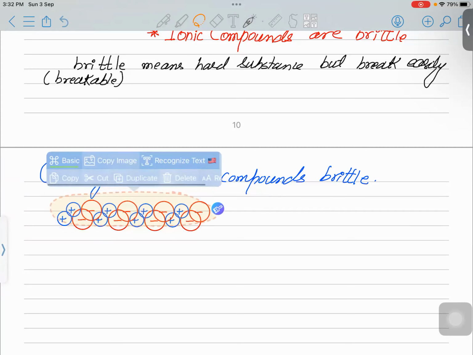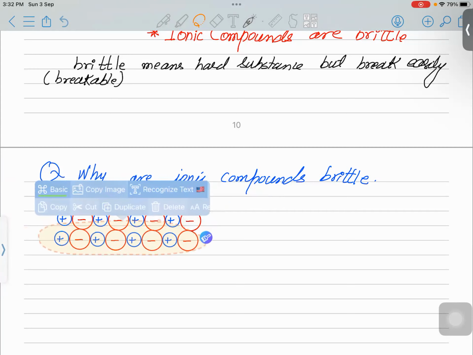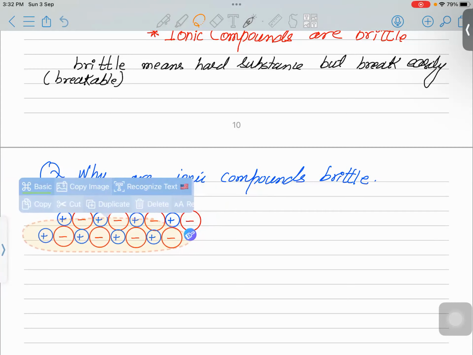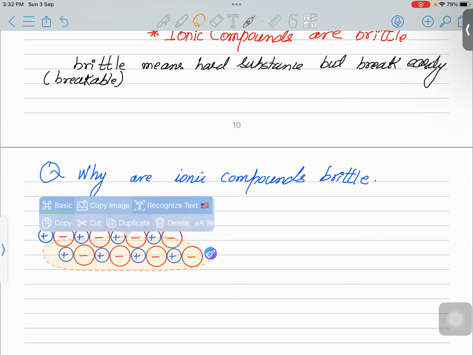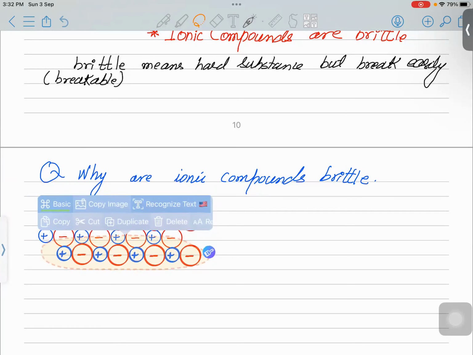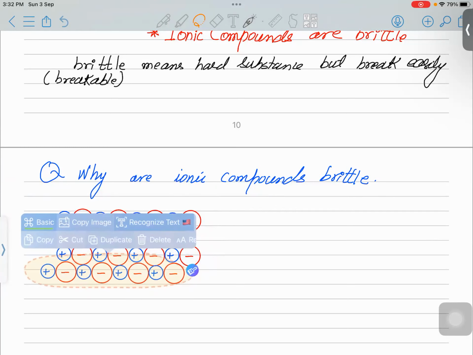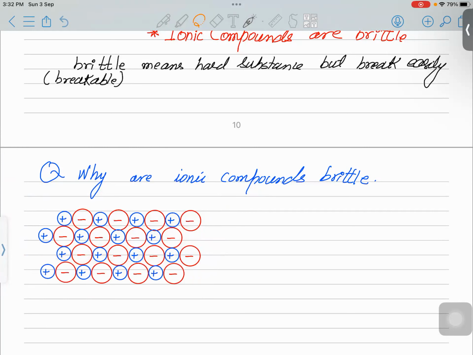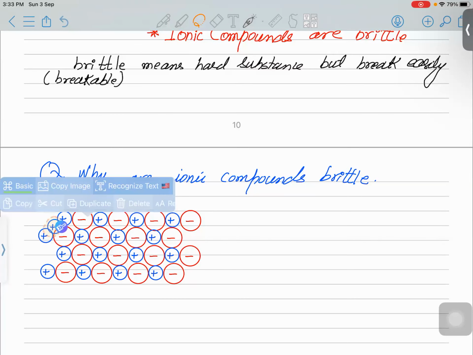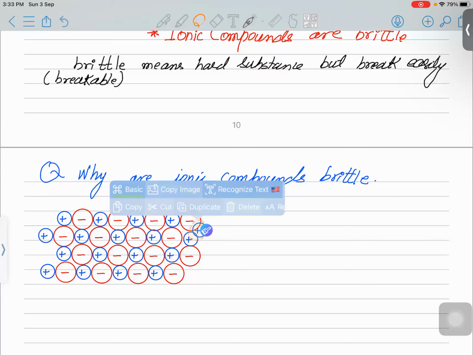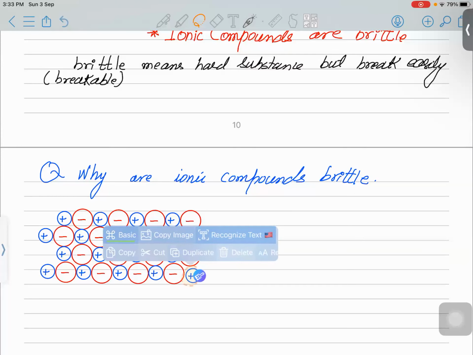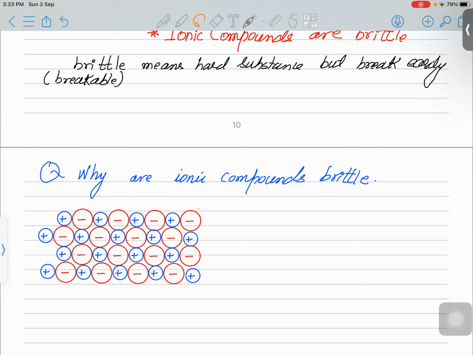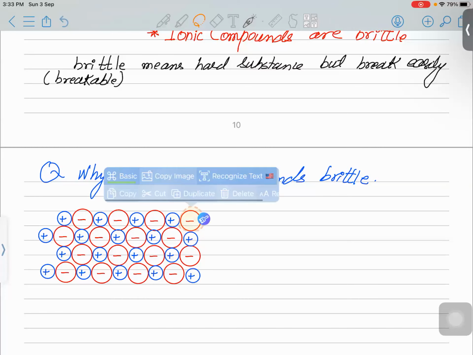They all are attracted. This is the crystal lattice of sodium chloride.